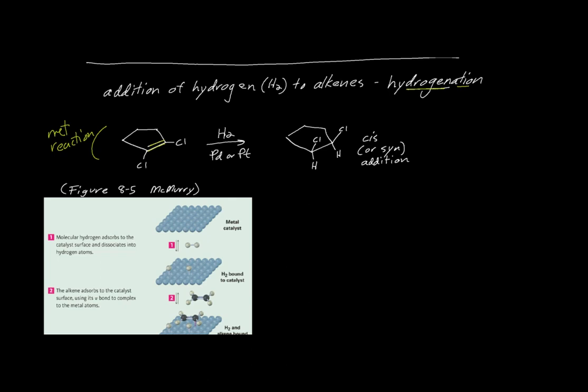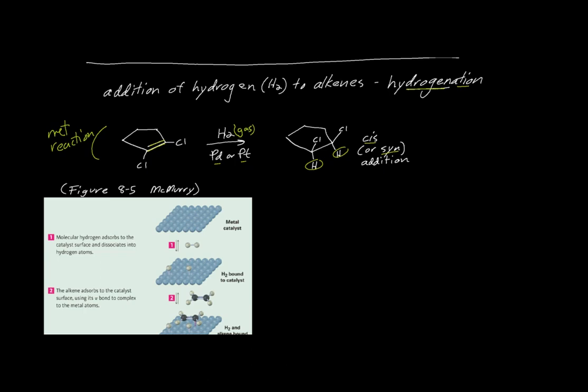When you add hydrogen and the metal catalyst palladium or platinum, and hydrogen is a gas, in fact, in the reaction, notice the hydrogens come in and add on the same face of the alkene, cis addition, or sometimes called syn addition. If they were coming in opposite, it would be called anti-addition.